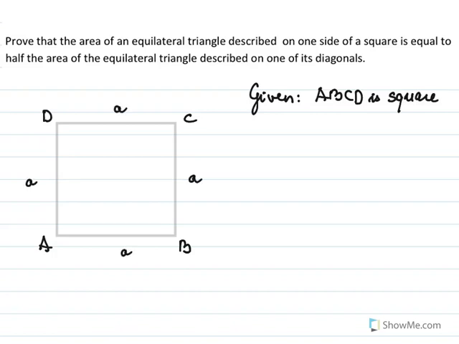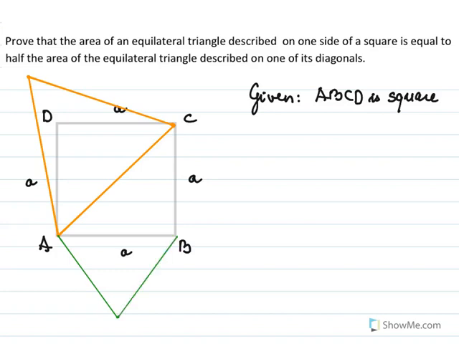We need to draw two triangles, one on its diagonal. So let's draw the diagonal. So here is a triangle on its diagonal, and we have to draw another one on its side. So here is a triangle drawn on its side.